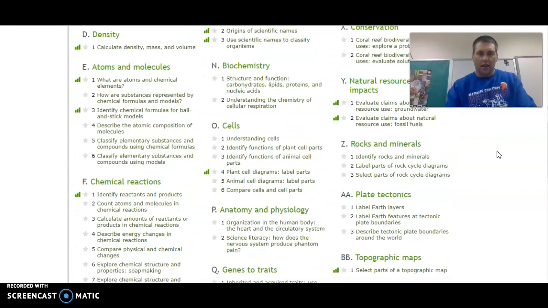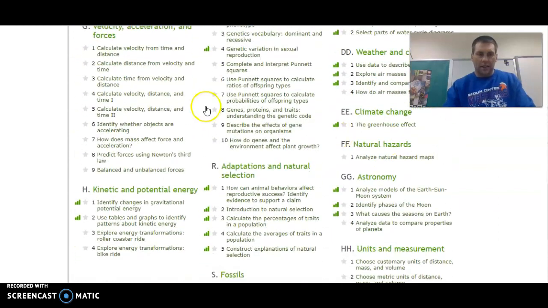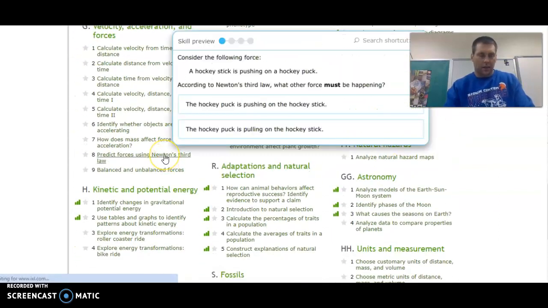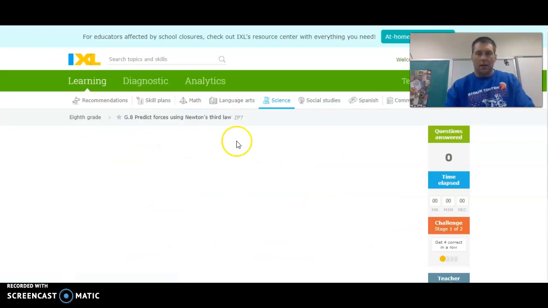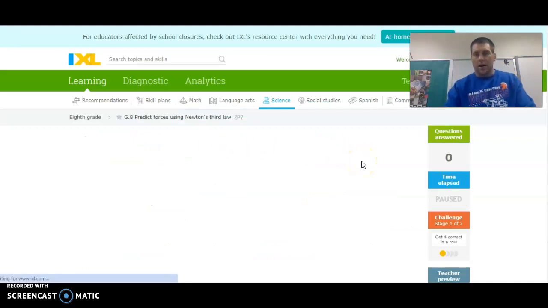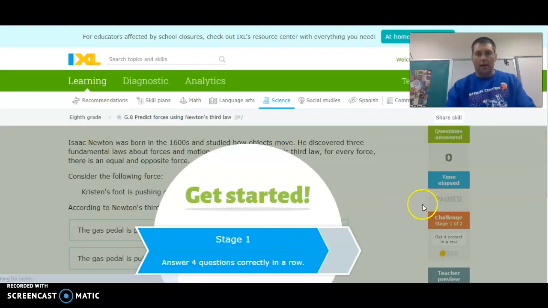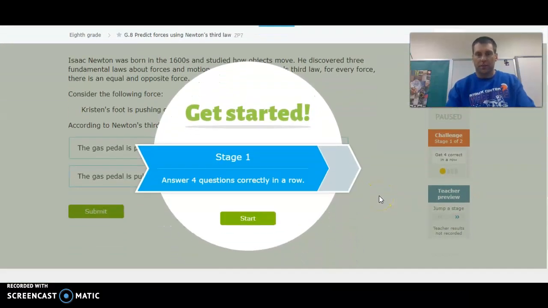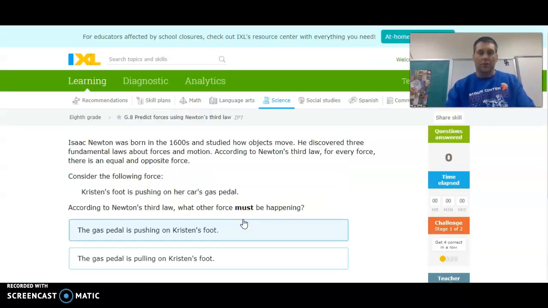G8 is when you have two forces, you always have to have two forces. And if you take a look at this first question, Kristen's foot is pushing on her car's gas pedal.